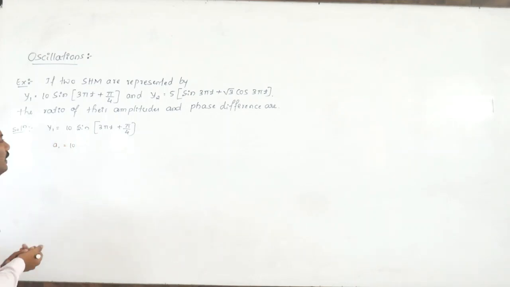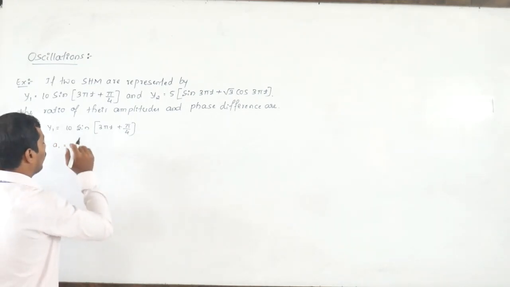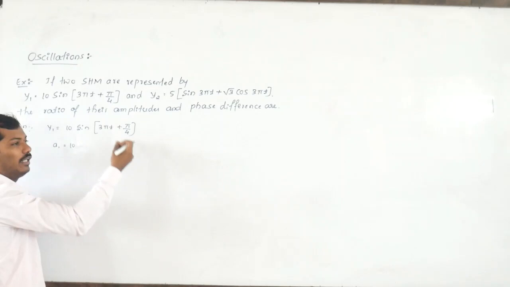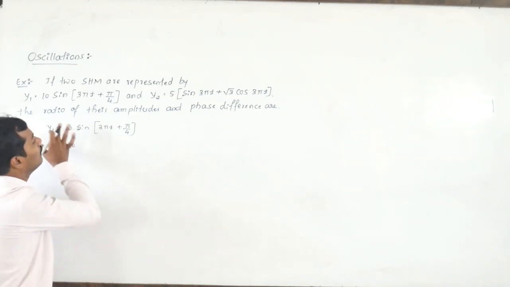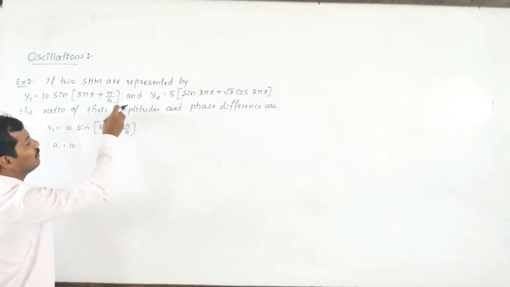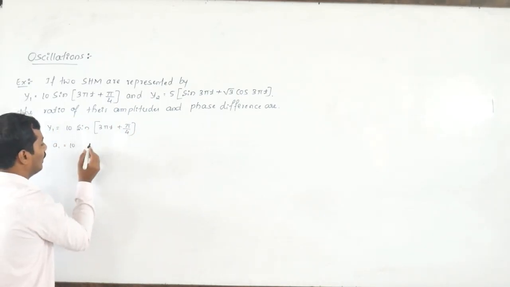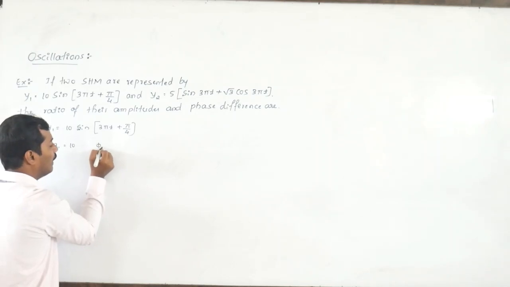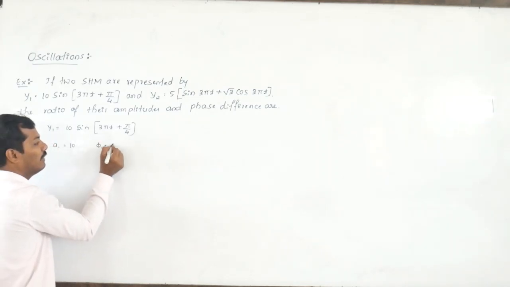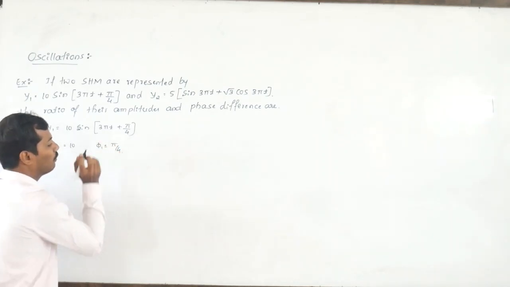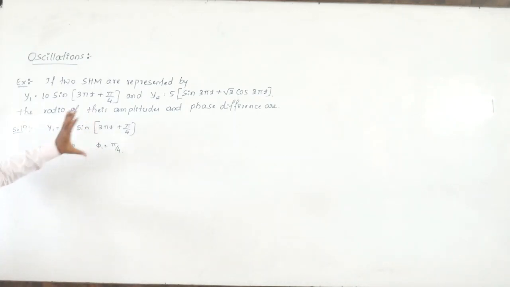There is no unit given, so consider it as meters. The other is the phase, phi 1, which is pi by 4.